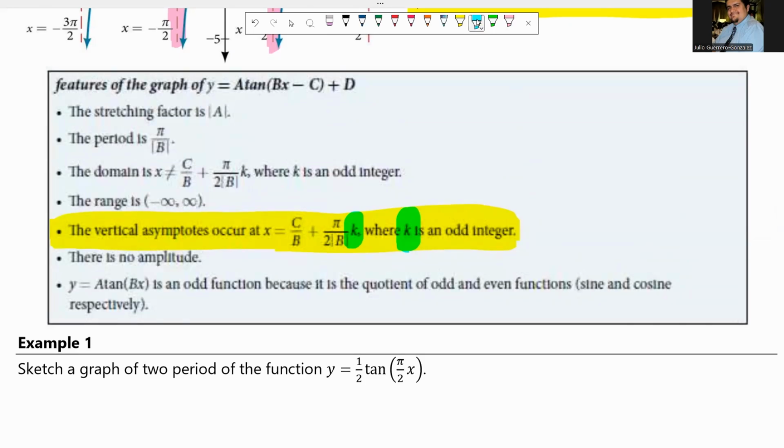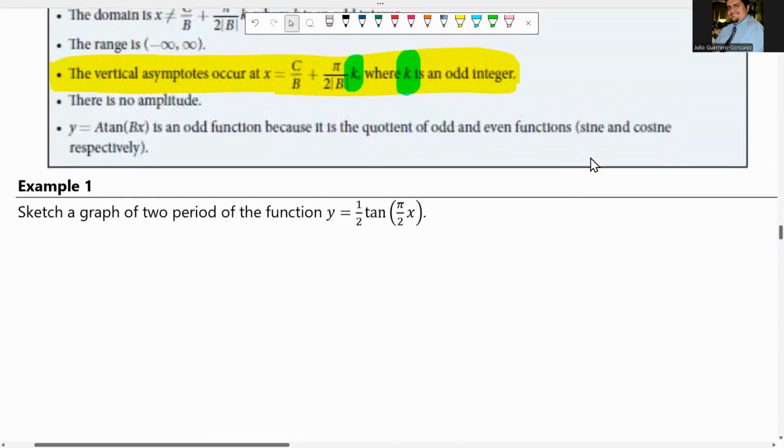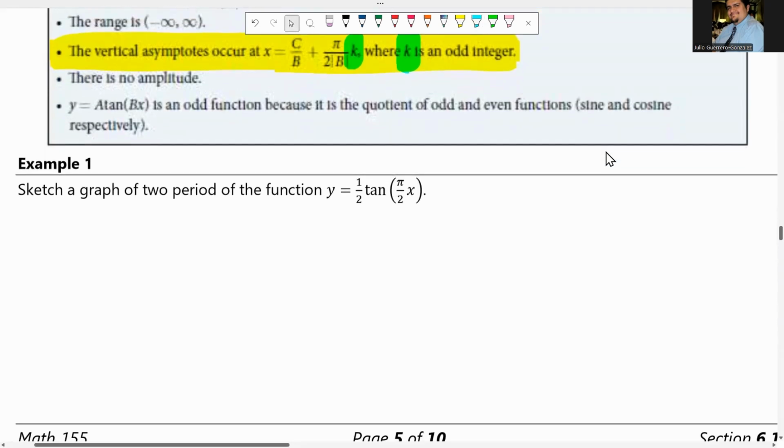Just keep it straight when you get to your flashcard. If you're going to put this on a flashcard for a test, make sure you put down that K for tangent, that K value has got to be an odd integer. And that's exactly what we're going to have to use when we start figuring out the asymptotes for tangent. Okay?